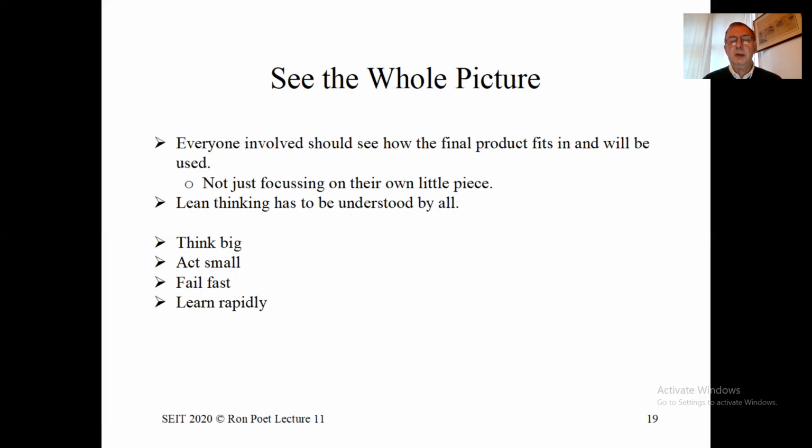So that they're not just focused on their own piece of work, they also have an overview of everyone else's piece of work. So we end up with some slogans for lean software development: think big, act small, fail fast, learn rapidly.